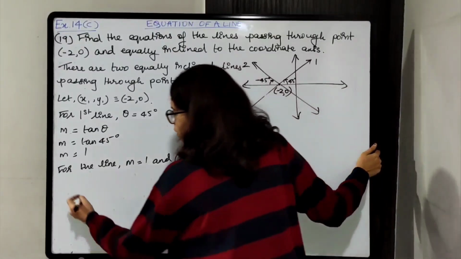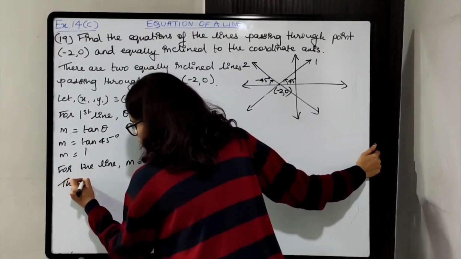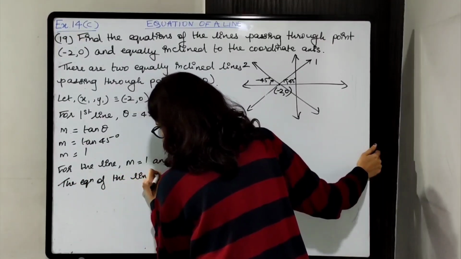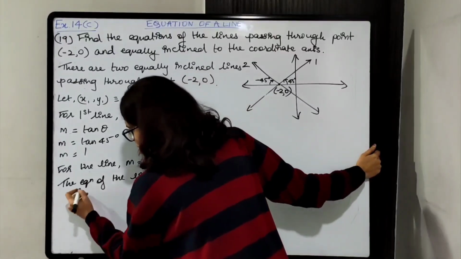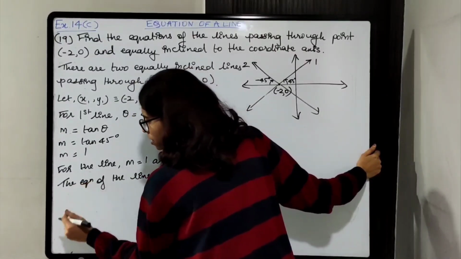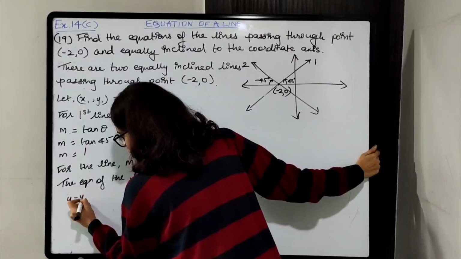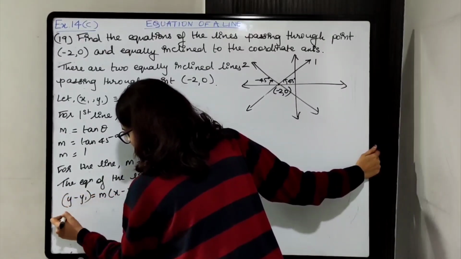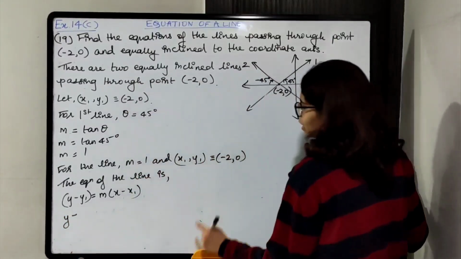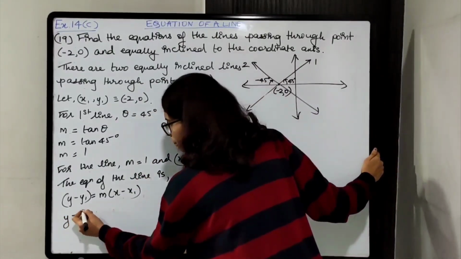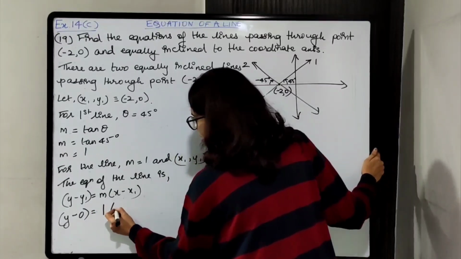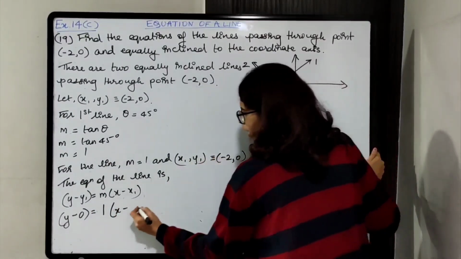So the equation of the line will be, don't use short form, write down full words. Okay, y minus y1 equals m into x minus x1. y as it is, what is y1? 0, equals m is 1 and x minus x1 is minus 2.